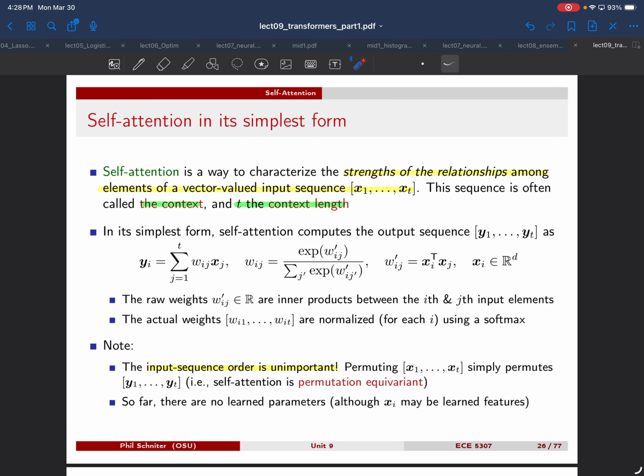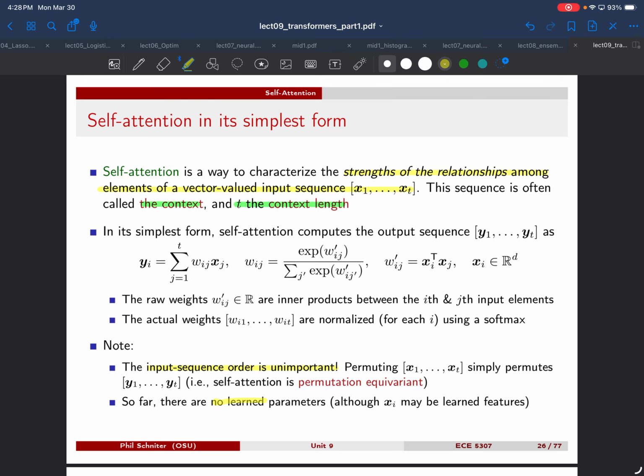This is called permutation equivariant. It doesn't really know what is the beginning and what is the end. It's just a very generic weighting function. The other important thing is that there are no learnable parameters so far in what we've described.